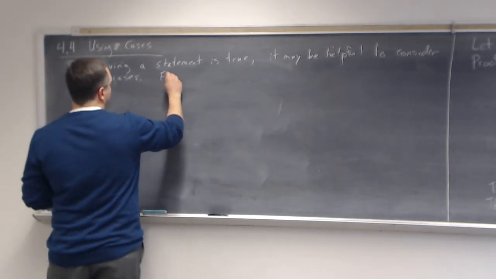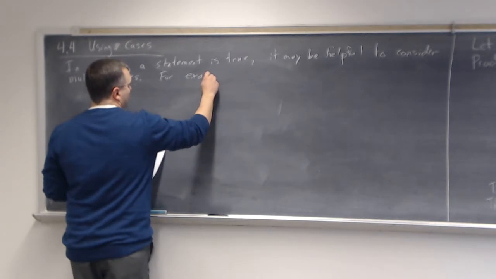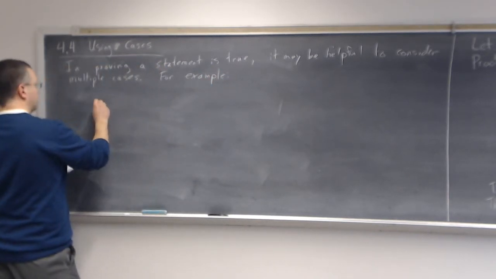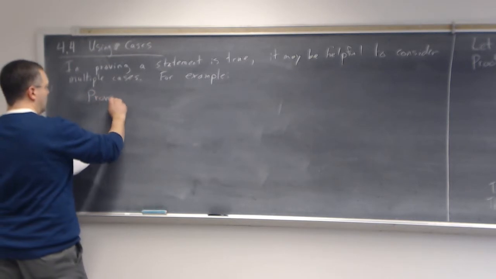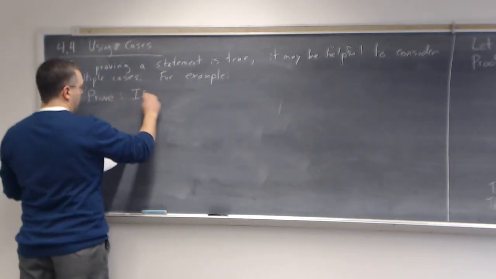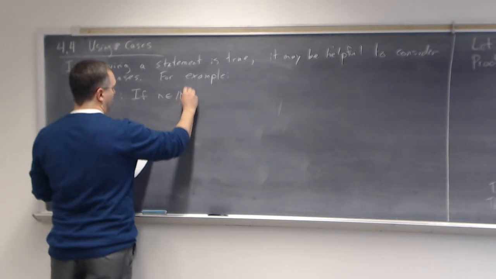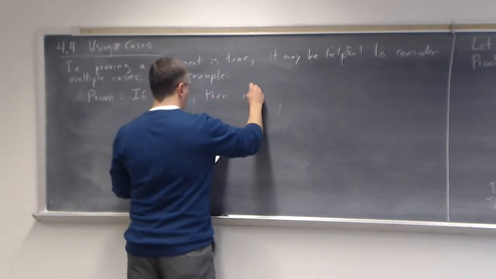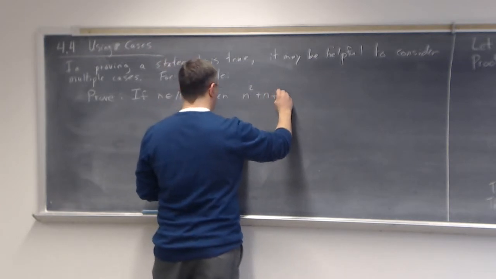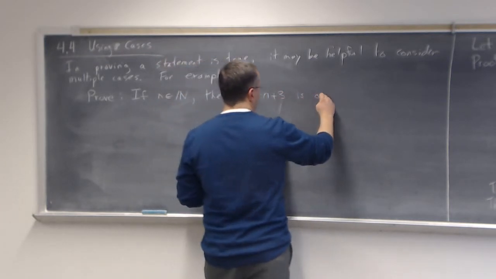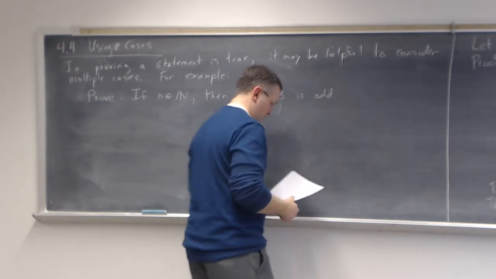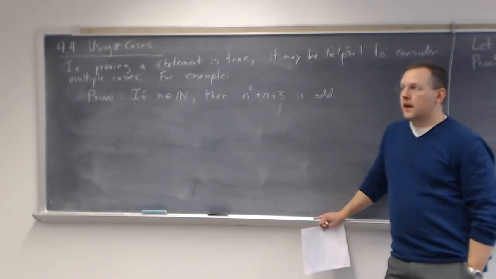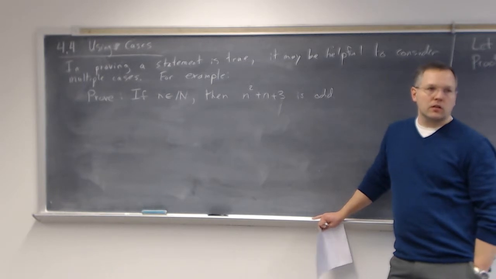Okay, here's an example. Prove: if n is a natural number, then n squared plus n plus 3 is odd. The statement is very similar to a problem you did for homework.